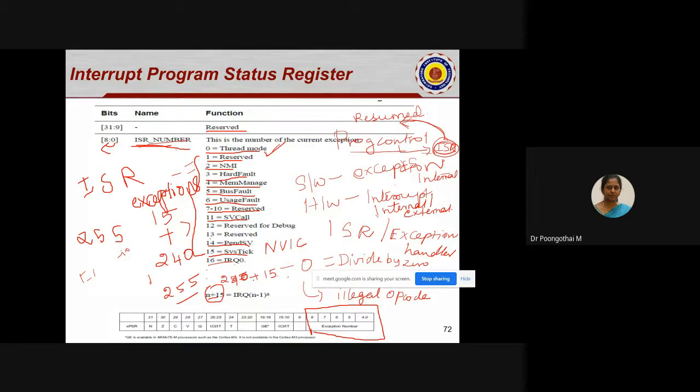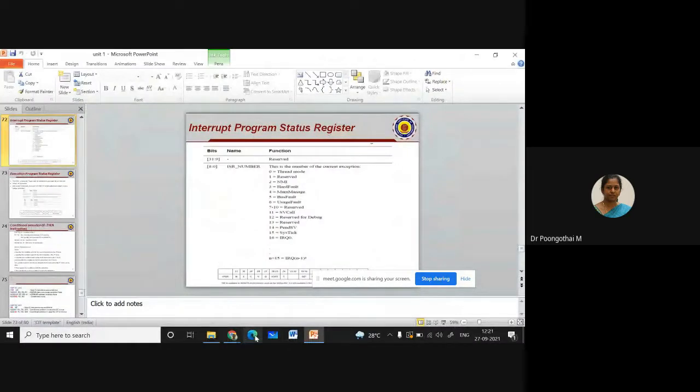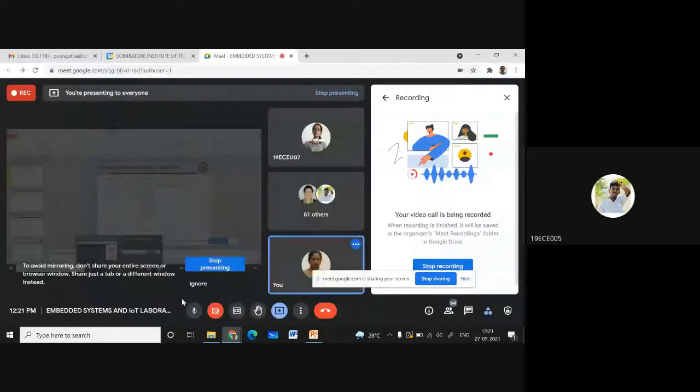According to the Cortex-M architecture, we have 15 exceptions which support software related errors and faults. The remaining are hardware interrupts from 16 to 39. Is that clear, students? Any doubts? No, ma'am. Okay.